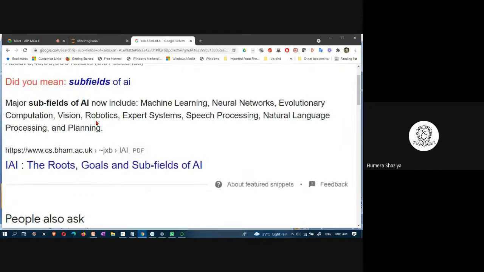AI is a general term that includes machine learning, neural networks, evolutionary computation, vision, robotics, expert systems, speech processing, natural language processing, planning. These are all subfields of AI, and this is not a complete list. Further, there are several other subfields also. These are the most popular, widely used and widely accepted subfields of AI.